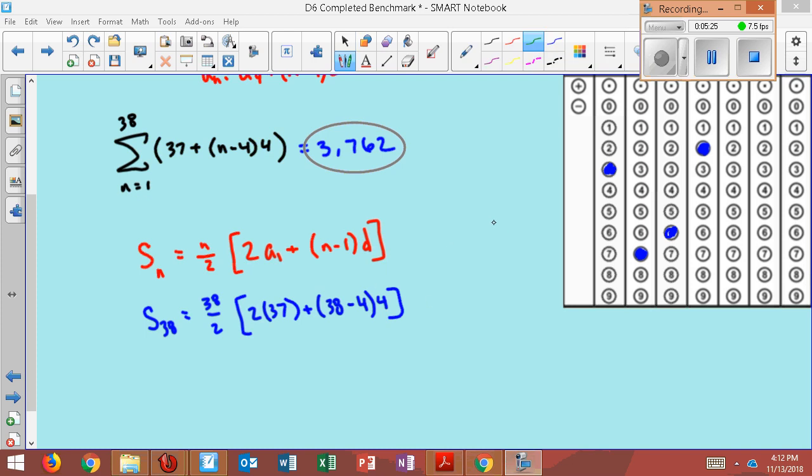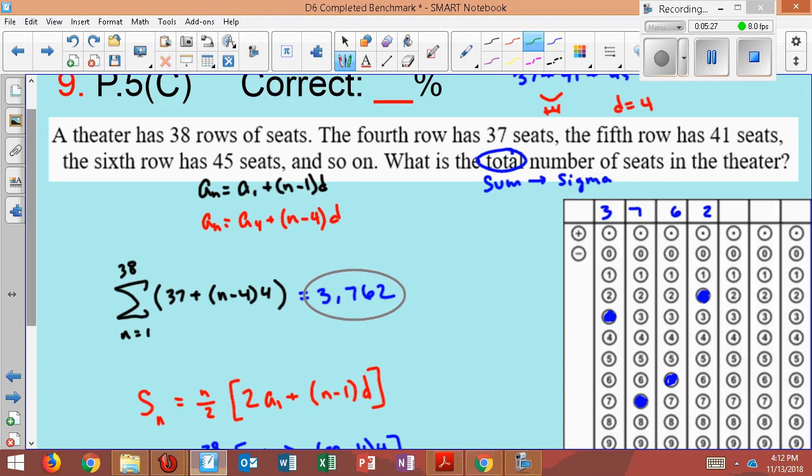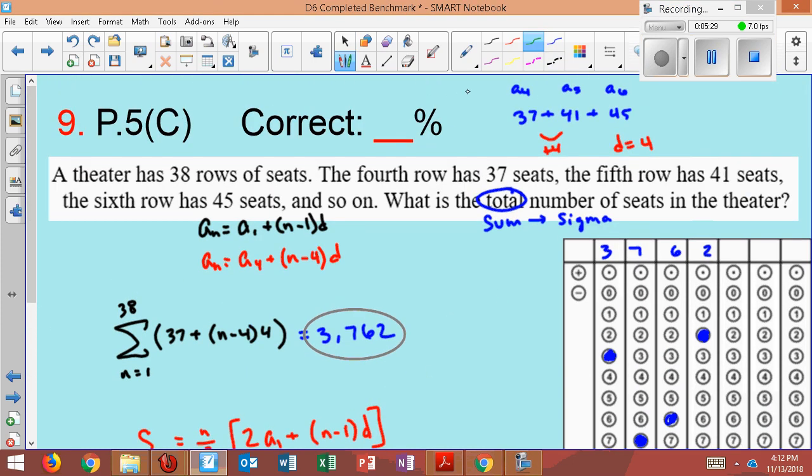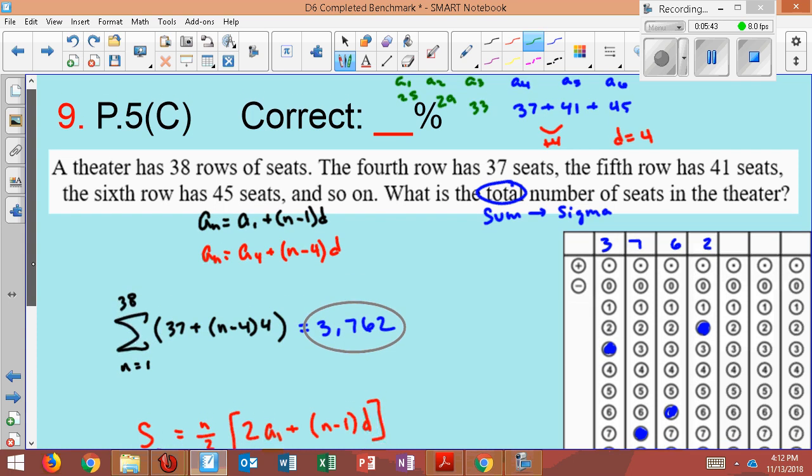Let me just try it again. Let's go backwards and find the first term, let's see if it'll work this way. I went backwards, so we'd have a sub 3, a sub 2, a sub 1, and so this would be 33 seats, 29 seats, this would be 25 seats. Let me make sure the math's correct there. It looks like it.